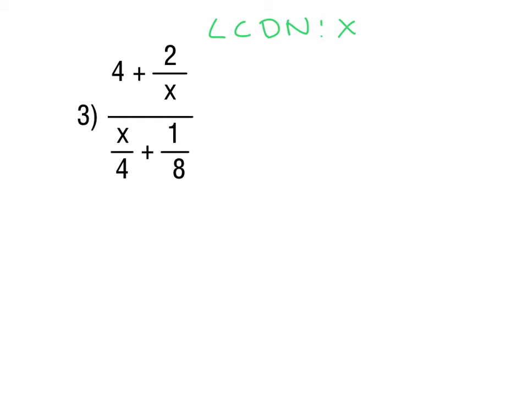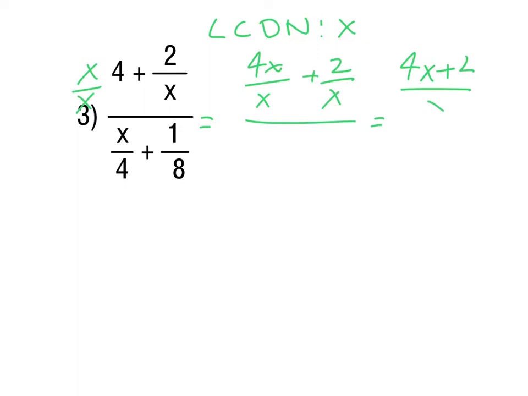So the 2 has it, the 4 needs it. So we multiply the 4 by x over x. That ends up giving us 4x over x plus the 2 over x. So that would be 4x plus 2 over x.